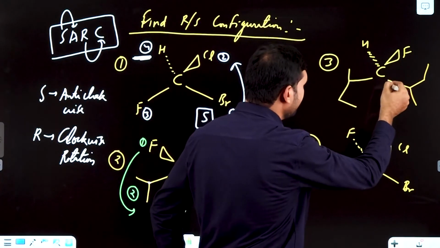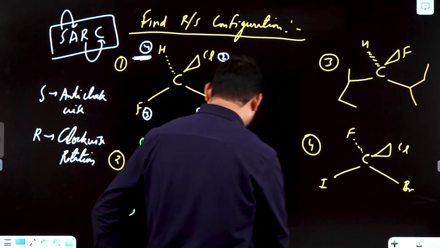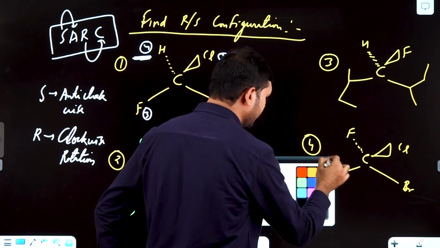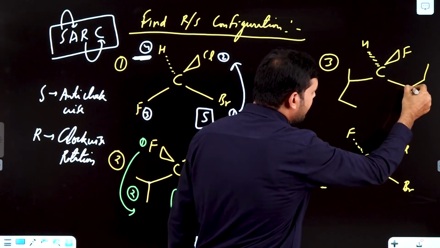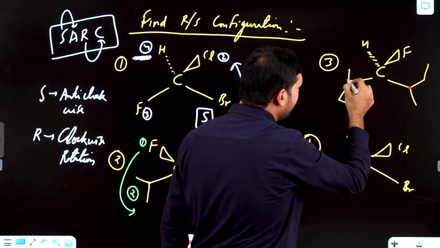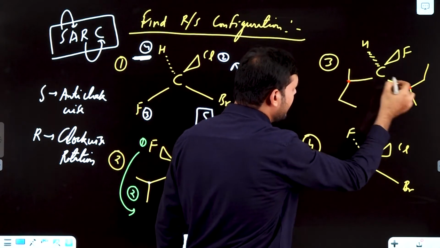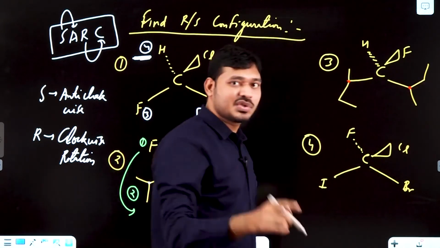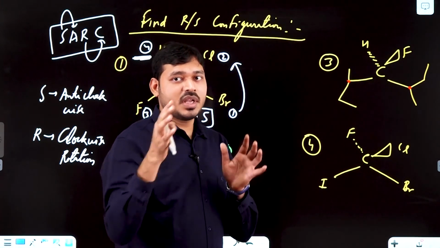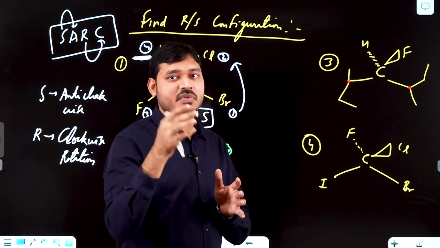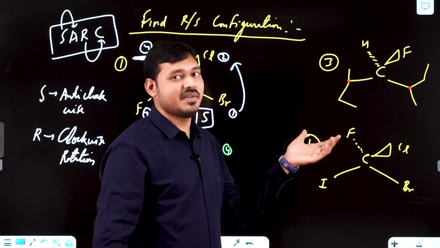Now check this one. If I see this one, it is having, see, this hydrogen and fluorine, okay. This carbon is 3 degree, here also 3 degree. It is having ethyl and methyl. It is also having ethyl and methyl. So students, remember this thing. Sometimes by mistake, you keep trying to get RS configuration and you forget to check whether the 4 groups are different or not.